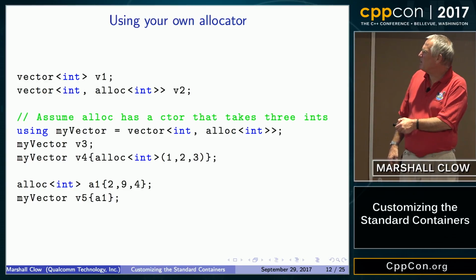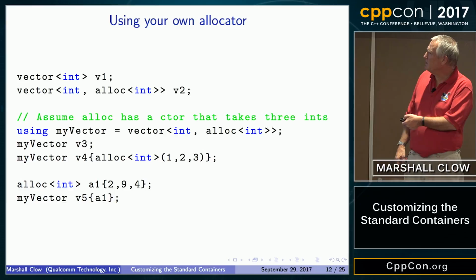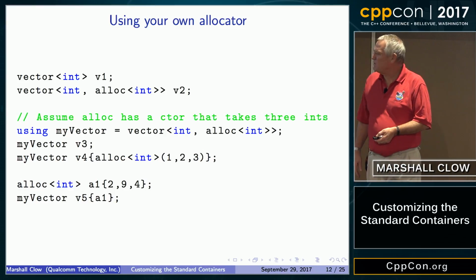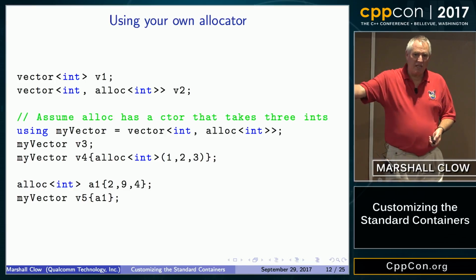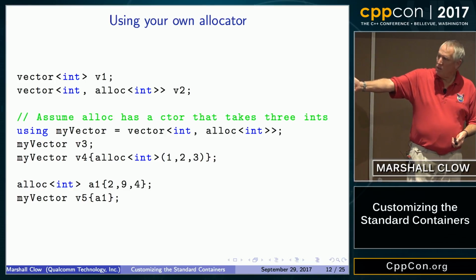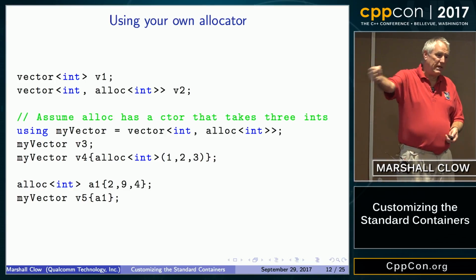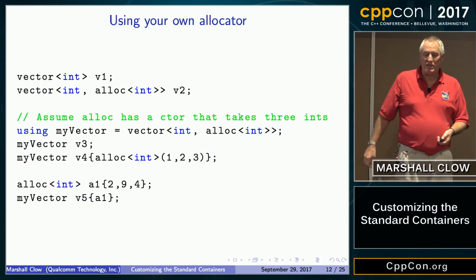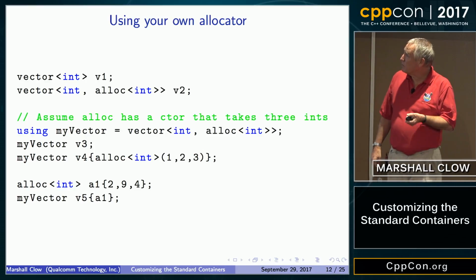For this bottom one down here, I'm declaring an allocator of int, and then I am making another vector, v5, and passing in the allocator as a constructor parameter, and that's going to get copied in because it's not a temporary.